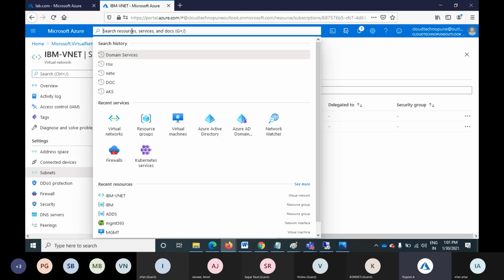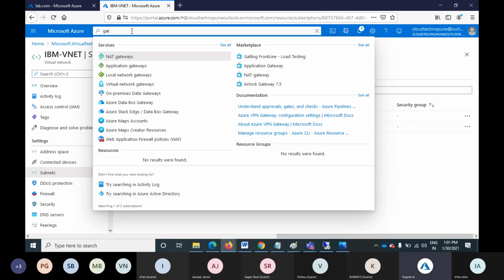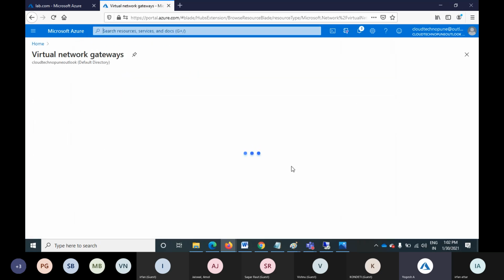Now the gateway service. There are two options, virtual network gateway and local network gateway. First we need to configure the virtual network gateway and then the local network gateway.